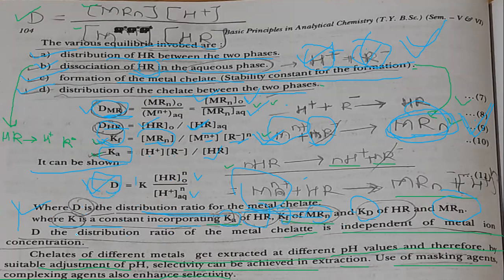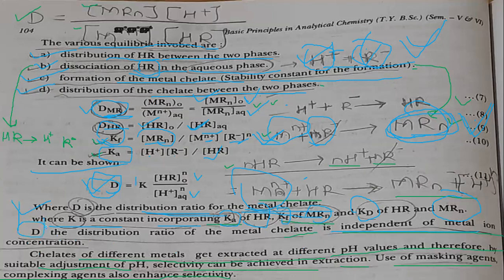Now, D, the distribution ratio of the metal chelate, is independent of metal ion concentration.